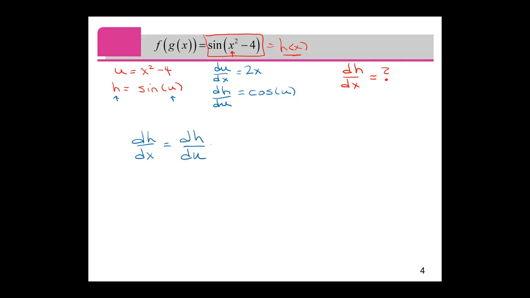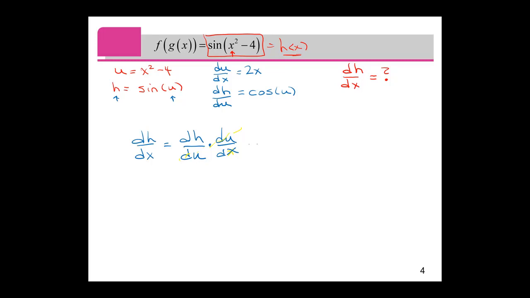If I multiply that by du dx, notice that if I cancel those du's, I made a mistake. That's du dx. Now, if I cancel those du's, notice I have dh dx.